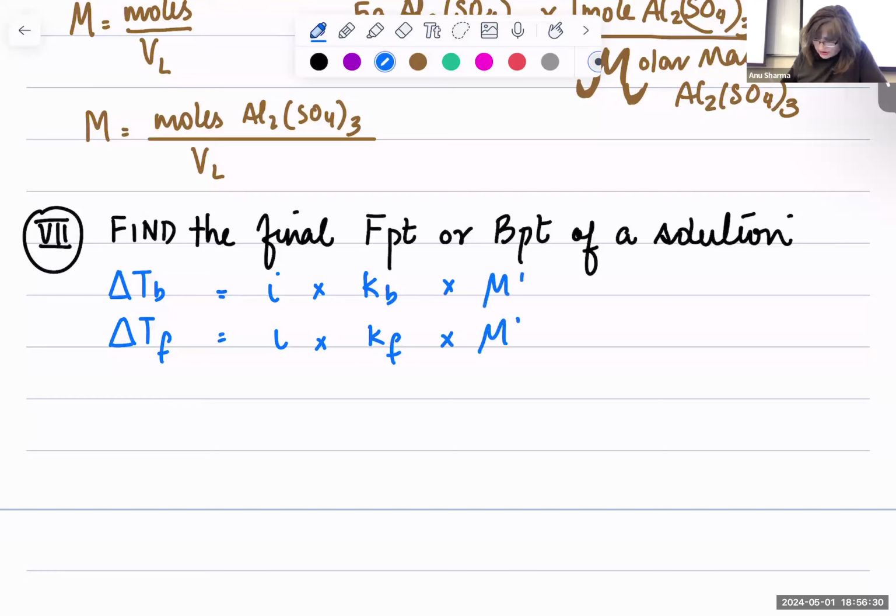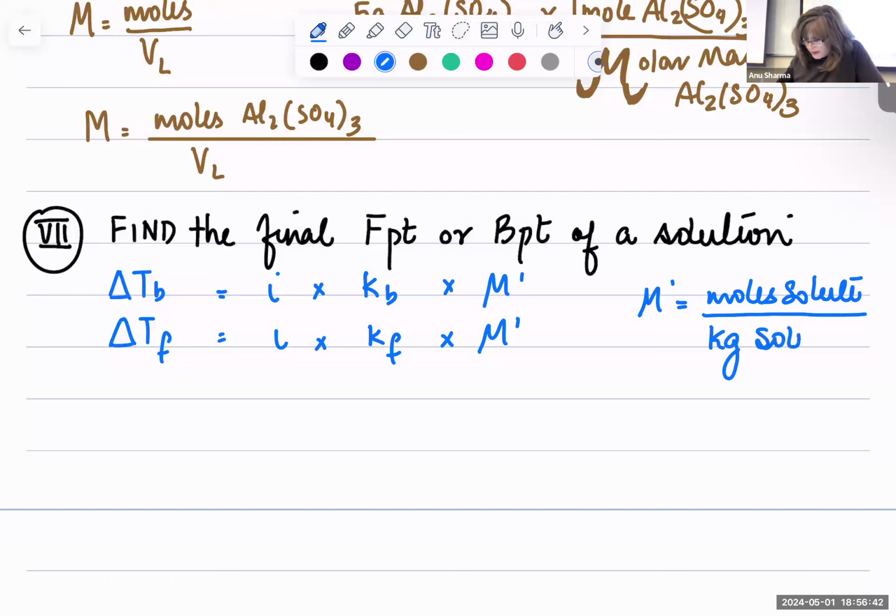Here m is the moles of the solute over the kilograms of the solvent. K_B and K_F values will be given to you, so just use those numbers.